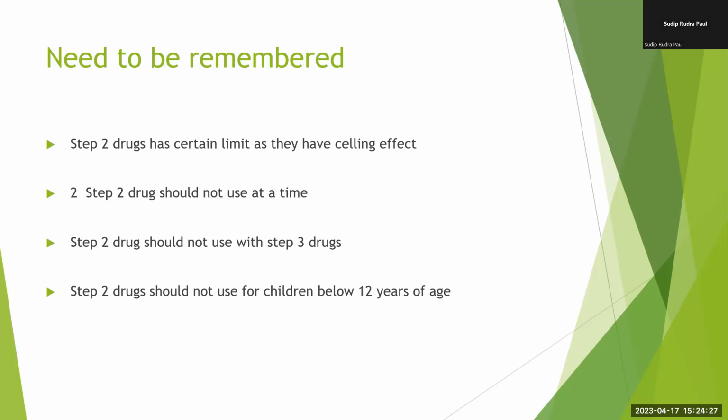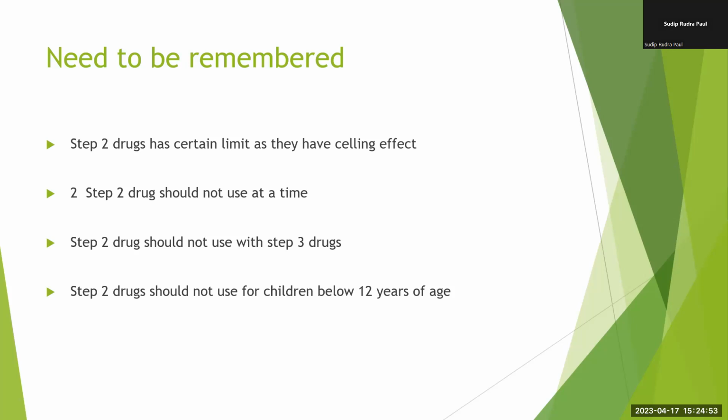For Indian people, we never cross 250 to 300 mg. So if the patient is getting 100 mg tramadol TDS, that is the maximum dose we can give. Then also, if the patient is not getting pain relief, it is the indication that we have to switch the patient from weak opioid to strong opioids, from step 2 to step 3.